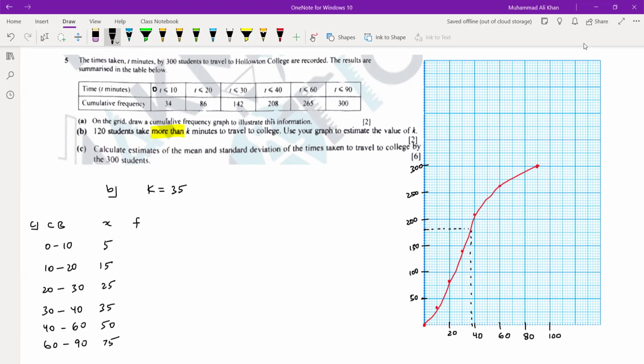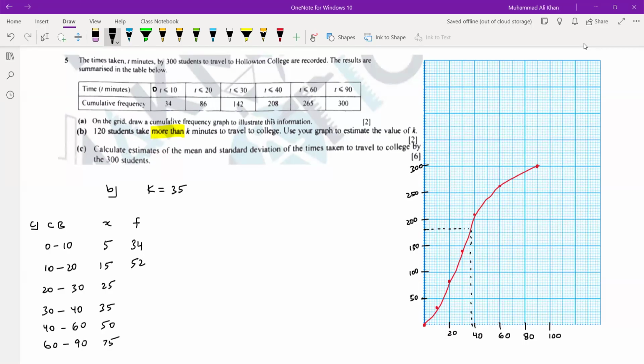How to calculate the frequency column? In this, you just have to subtract the cumulative frequencies to get the frequency. So the first is 34. The next one is 86 minus 34. It will be 52.